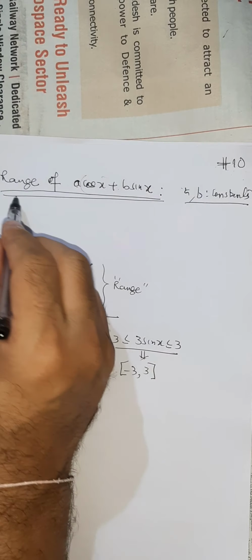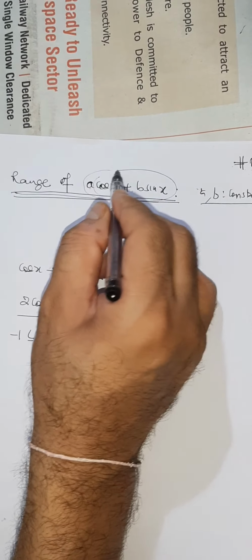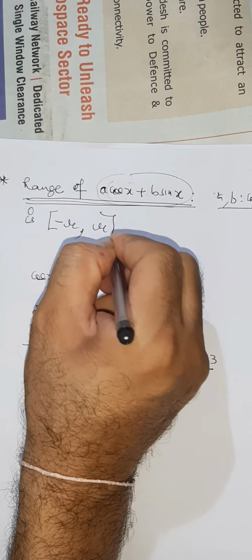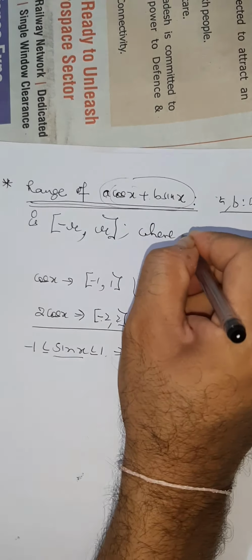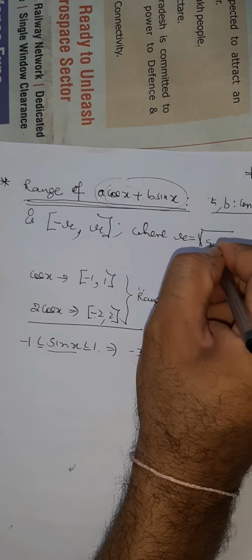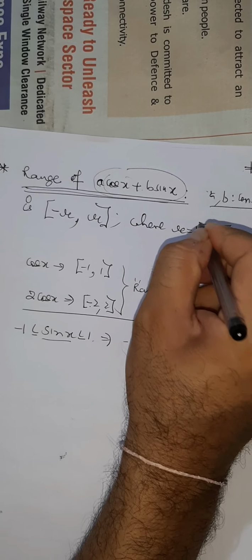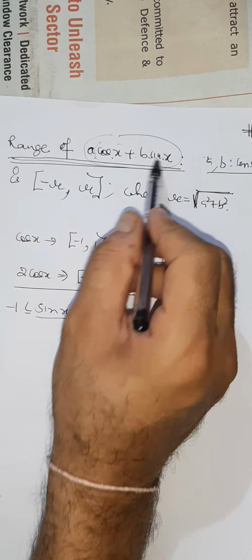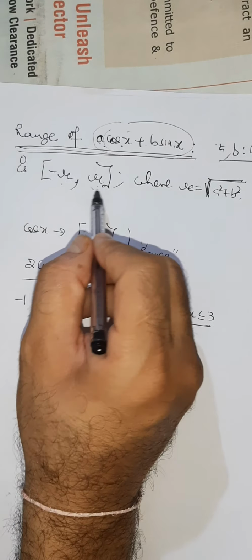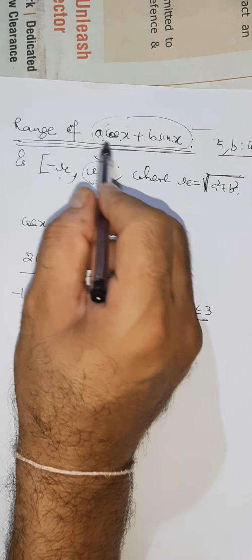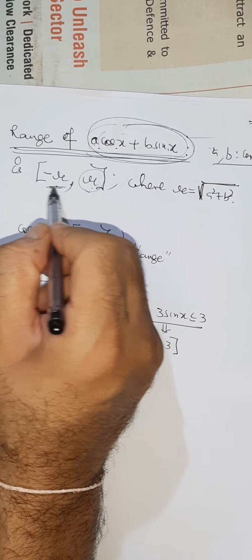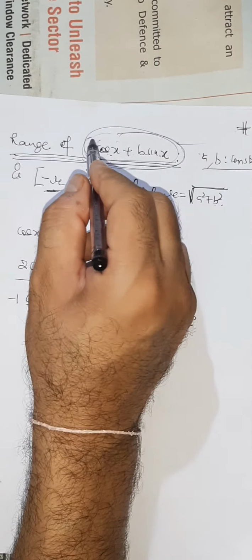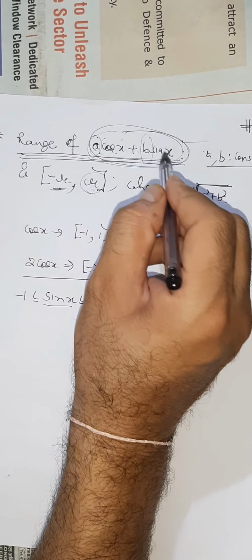So range of a cos x plus b sin x is given by closed interval minus r to plus r, where r is given by root of a square plus b square. Without proof, I'm stating. Maximum value is r of this function and minimum value is minus r, where r is root of a square plus b square. a means coefficient of cos and b means coefficient of sine.